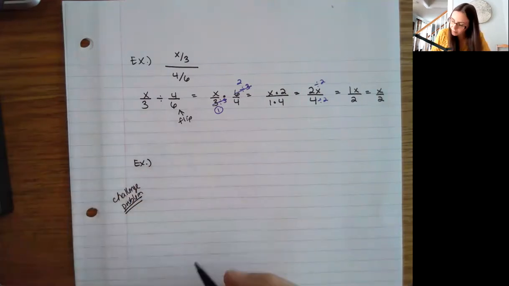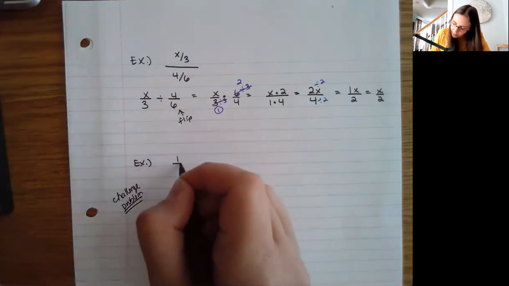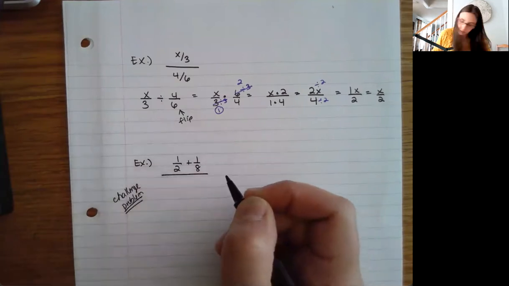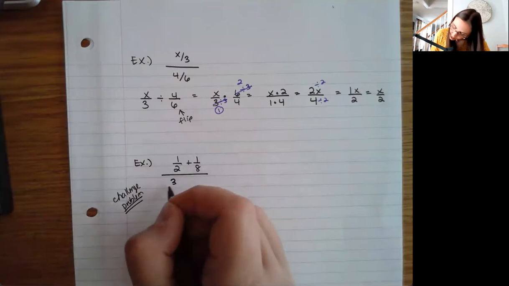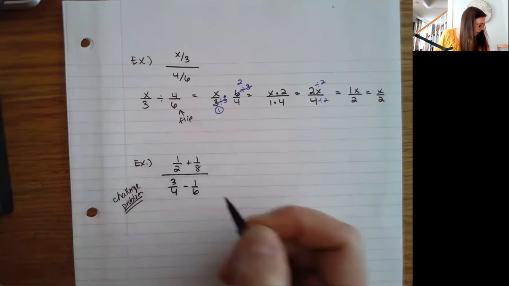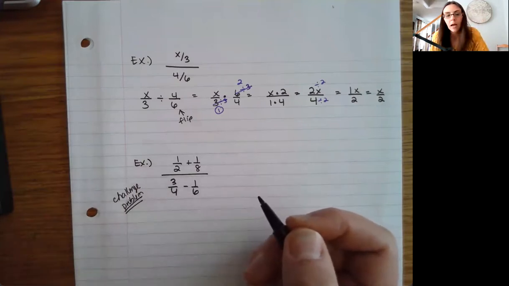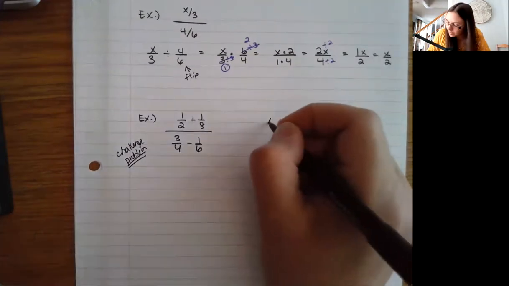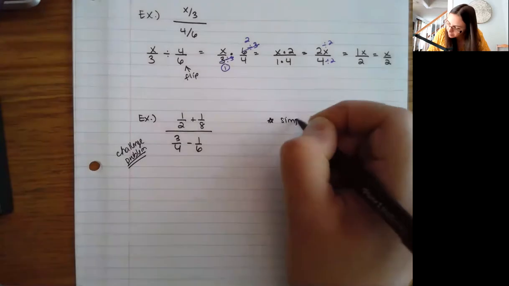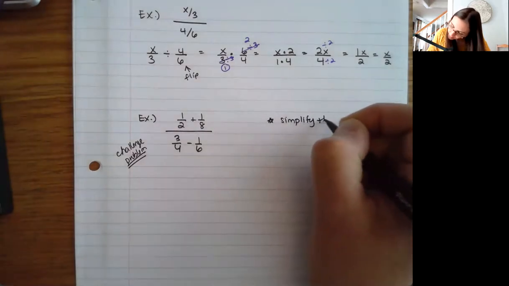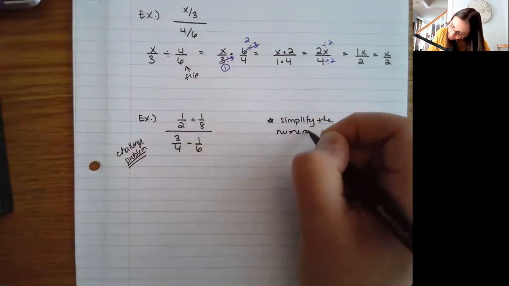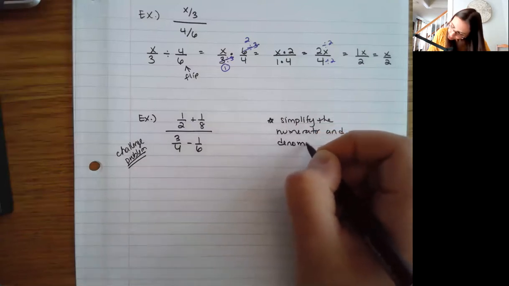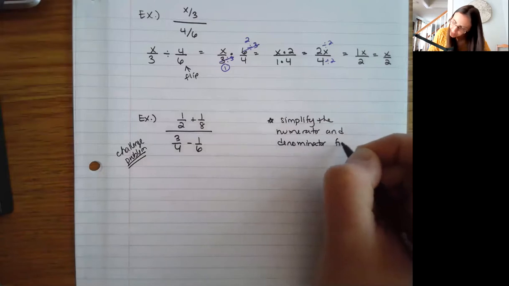So maybe we have something like 1/2 plus 1/8 over 3/4 minus 1/6. So when this happens and you have something more complicated, then what you want to do is simplify the numerator and denominator first.